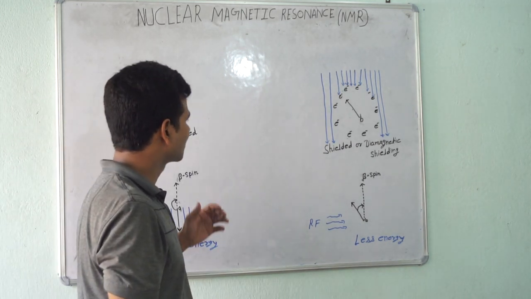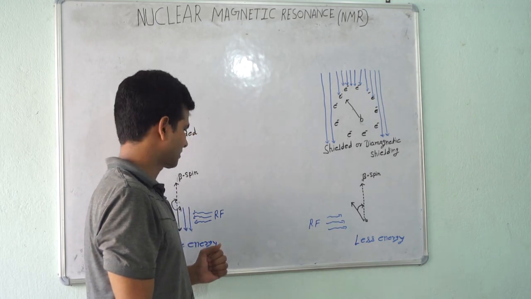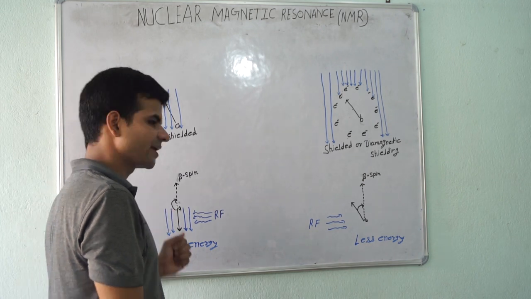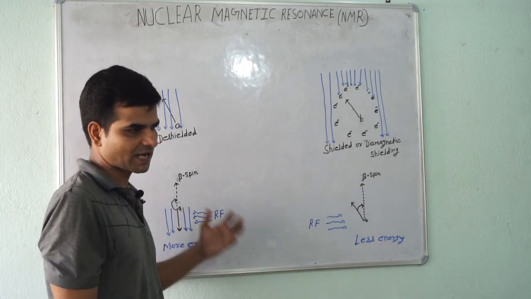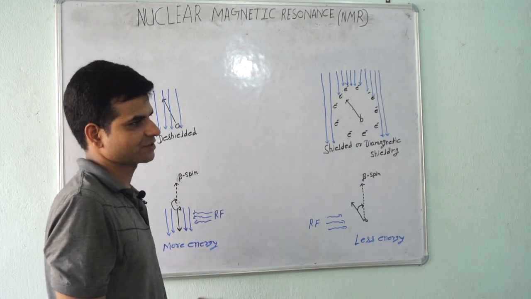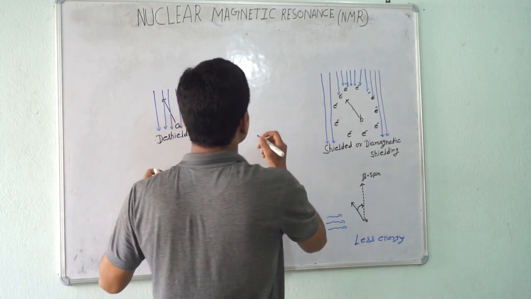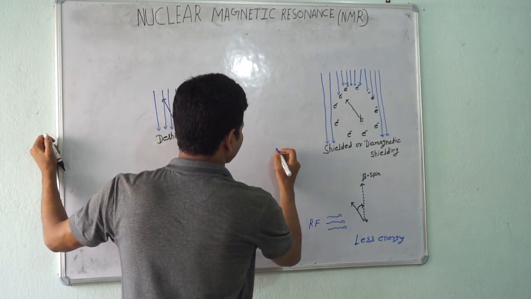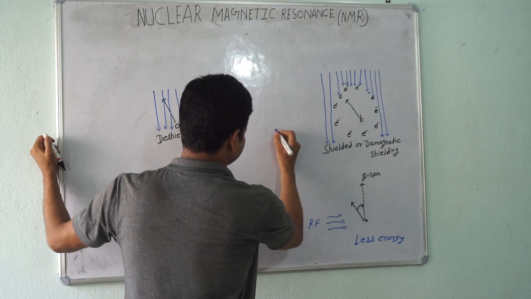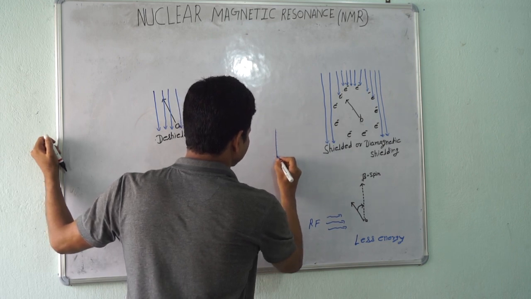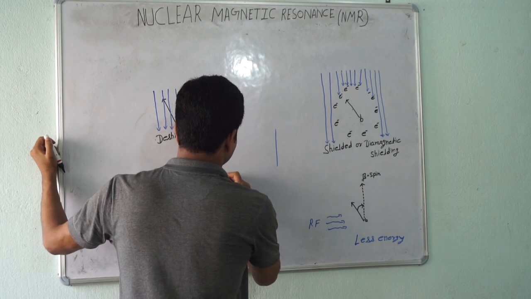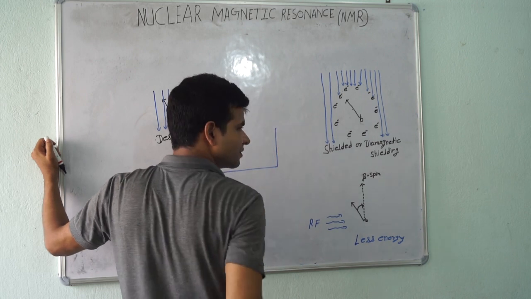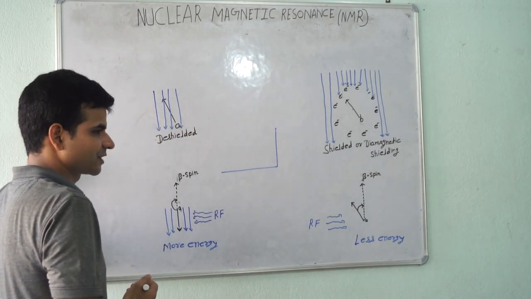Now come to the third step of NMR. I told you in the third step the NMR machine generates a graph containing many peaks or signals. The NMR machine generates a graph like this, and on this graph many types of signals or peaks are found.